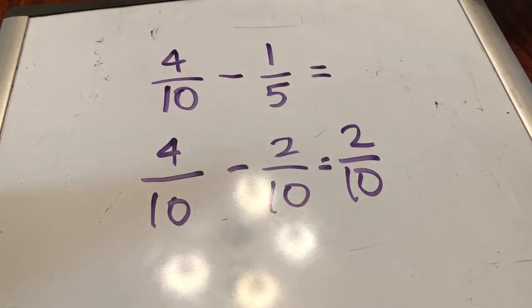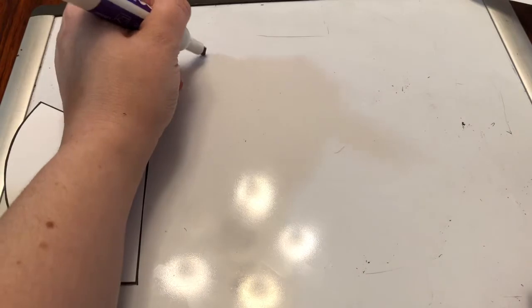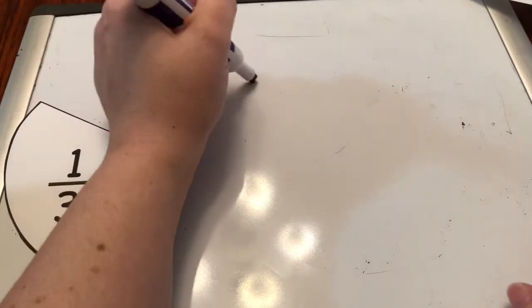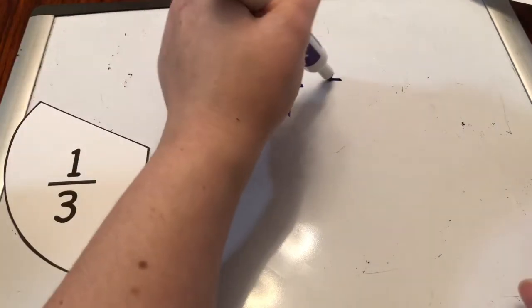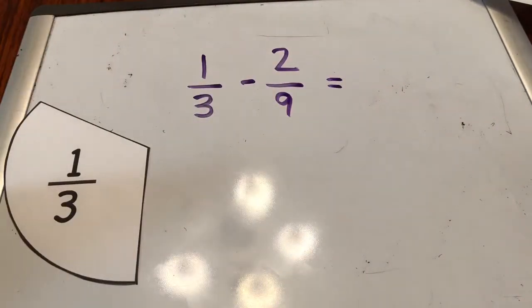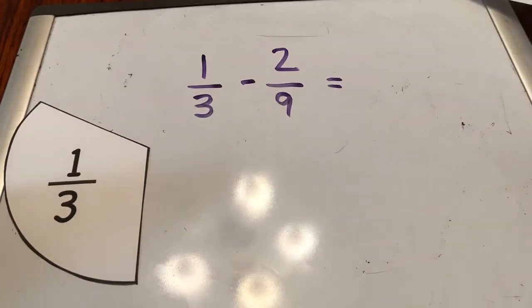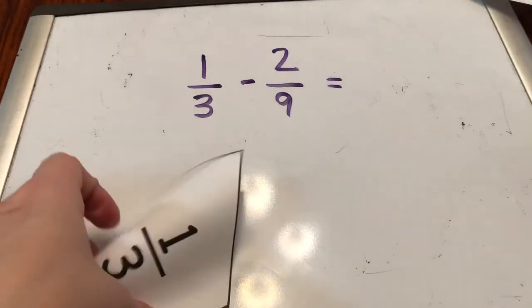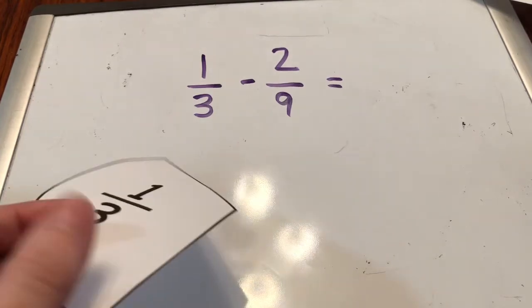It's okay if this seems like a lot right now. That's normal. We're going to look at one more example. All right. So in this one, I'm going to do 1/3 take away 2 ninths. Okay. Again, I'm not going to bring these out because they are not part of this. What I am going to do is I am going to see how many ninths is the same as 1/3.